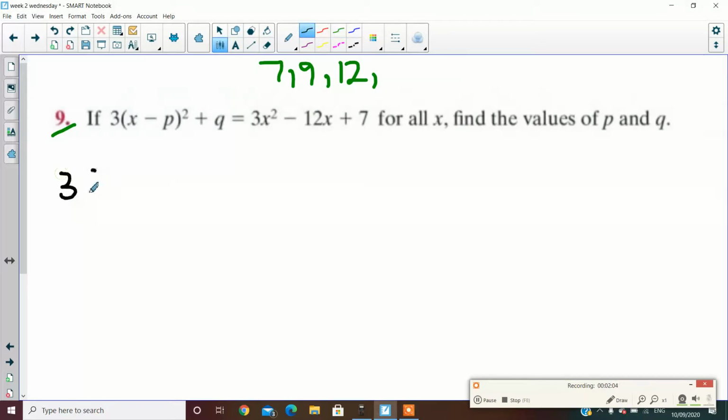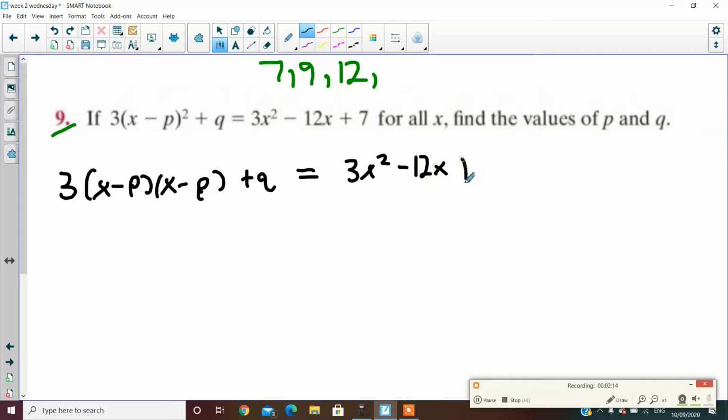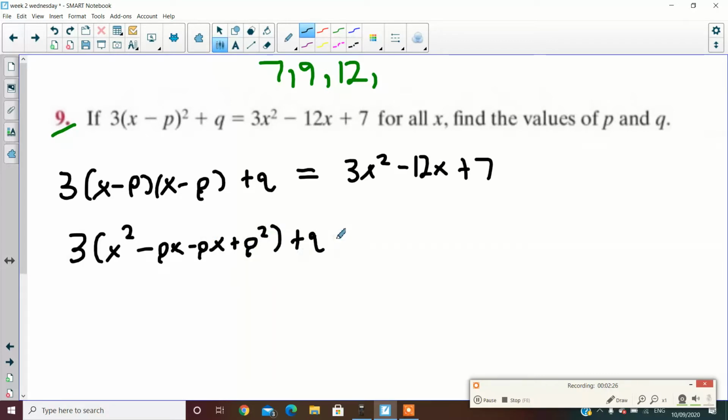So 3 times (x minus p) multiplied by (x minus p) plus q equals 3x squared minus 12x plus 7. 3 times x squared minus px plus p squared plus q equals 3x squared minus 12x plus 7.